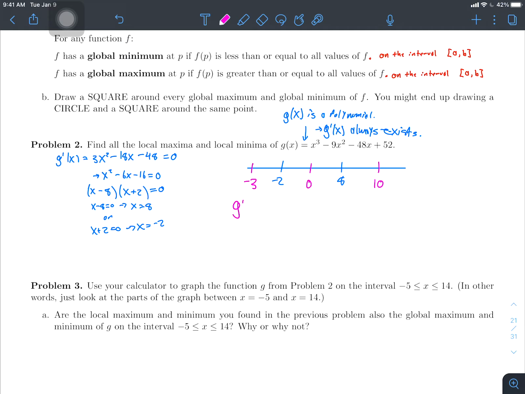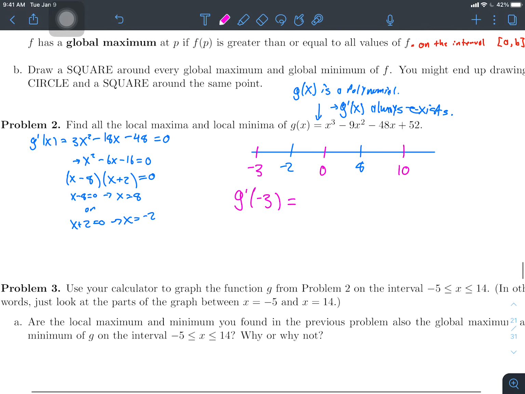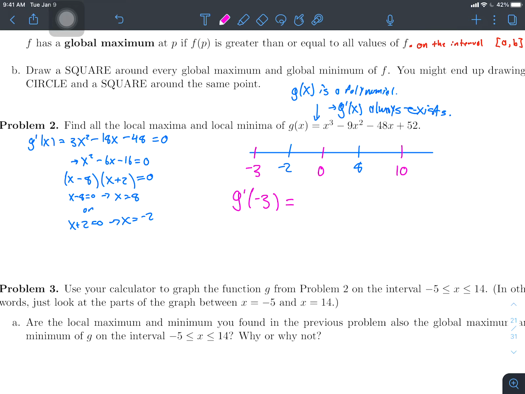So g prime of negative 3 is going to be 9 times 3 is 27 minus, okay, I'm going to use 18 times 3.